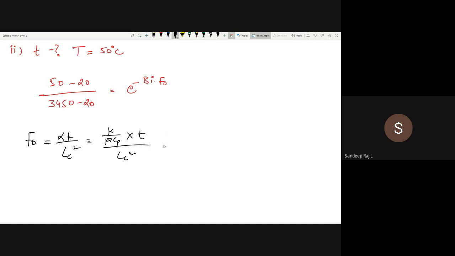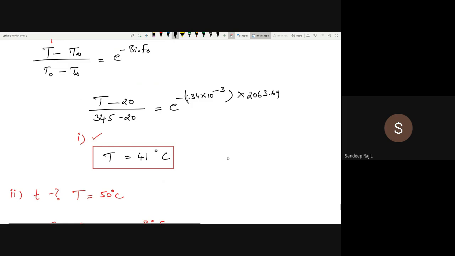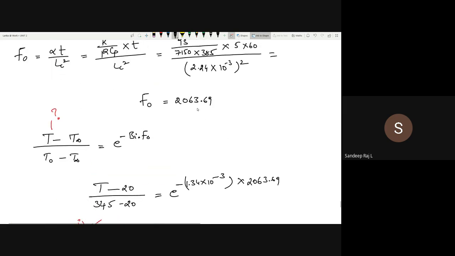LC square. Substitute all the values and you will get this Fourier number in terms of time. The simple way to do it: you have 2063.69, and you divide it by 5 into 60. Then you will get it.